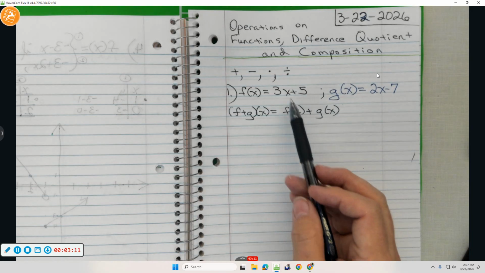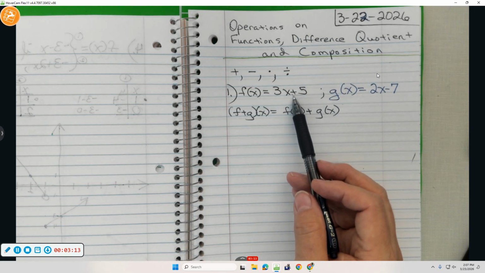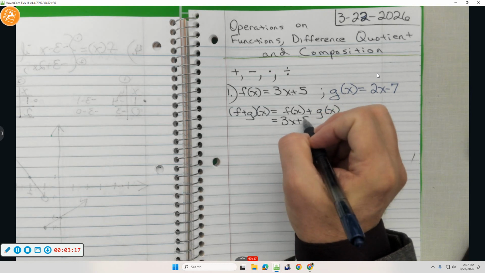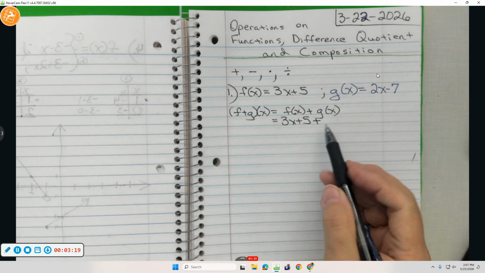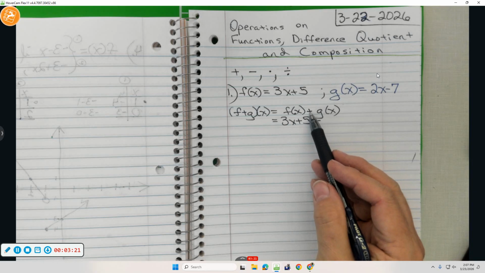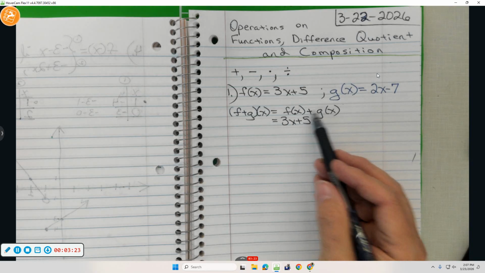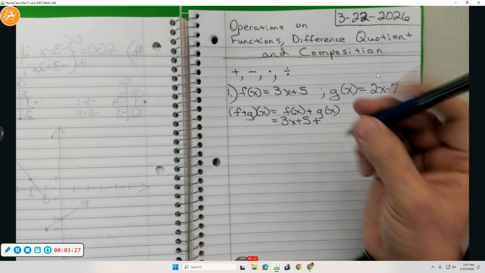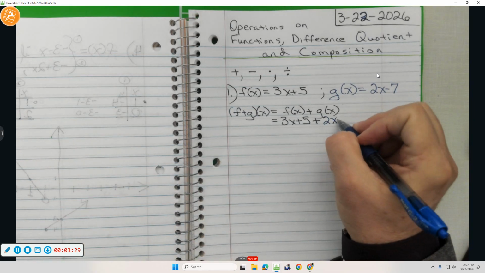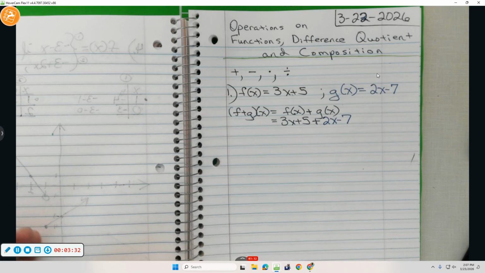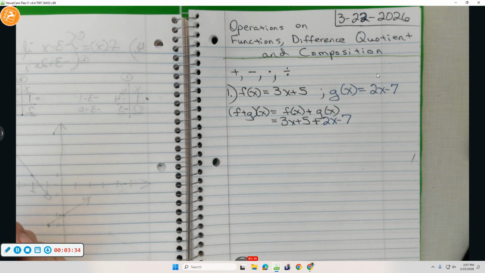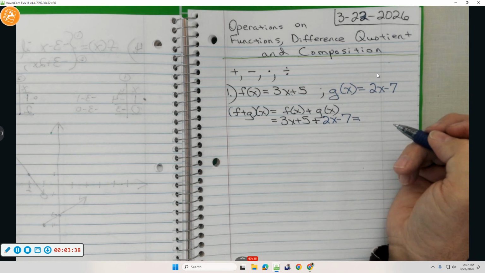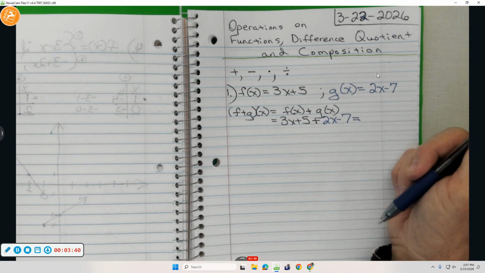So f of x, that's 3x plus 5. Plus, that plus I just wrote down is the plus that's right there. Now we want to add g of x, 2x minus 7. Addition of functions is just plain old algebraic addition.